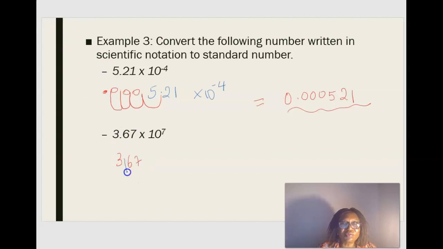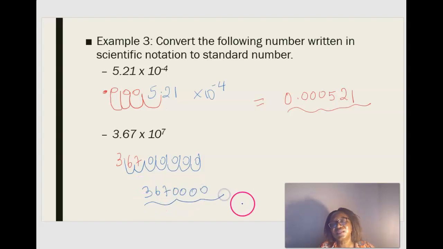So we are going to move it 1, 2, we add 0, we add 0, we add 0, we add 0, we add 0, then we stop. So the number is 3670000. So that is the standard notation. So thank you.